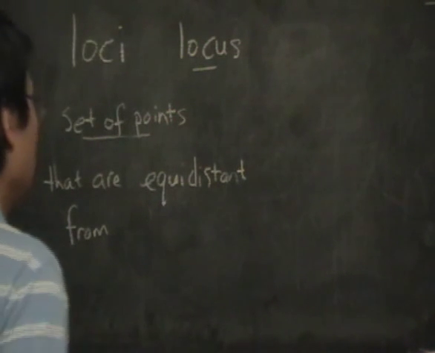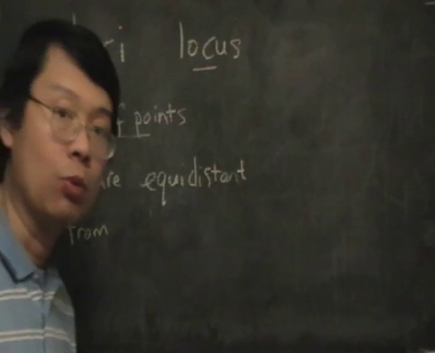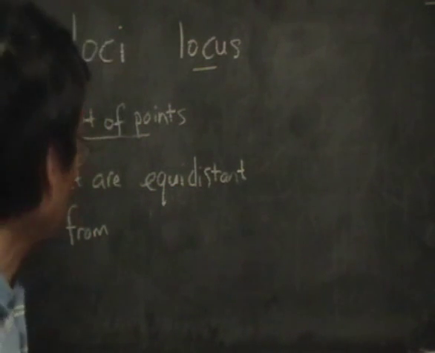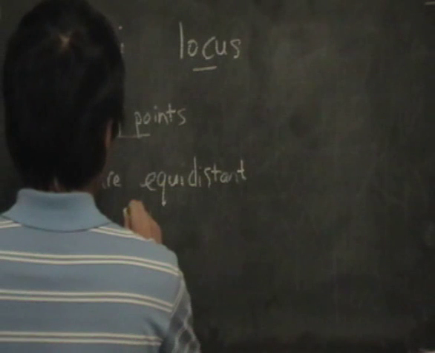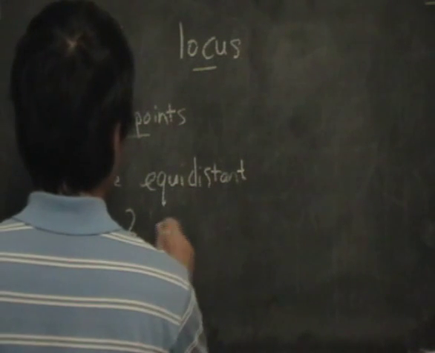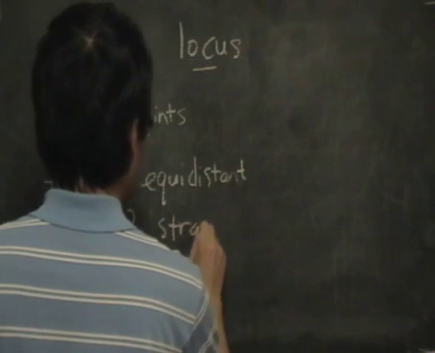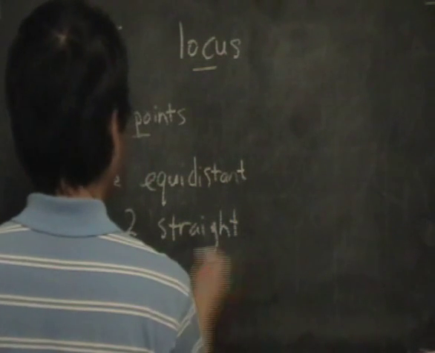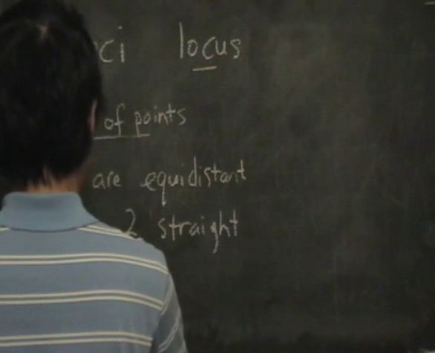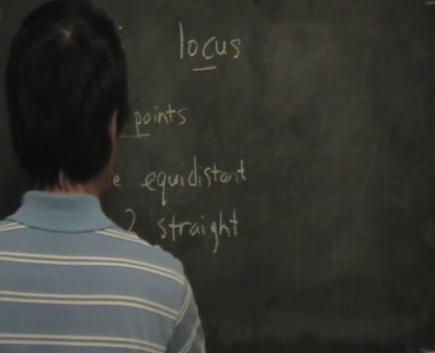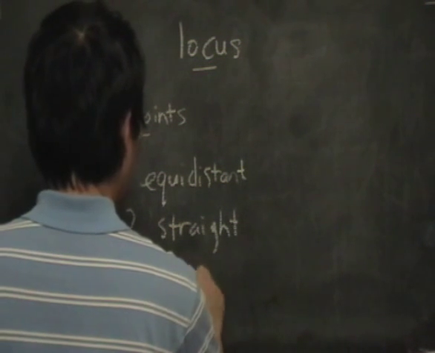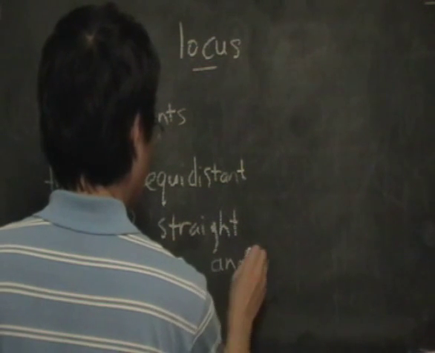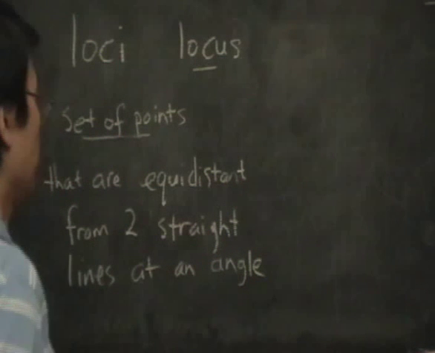Now this time we want to find a set of points that are equidistant from two straight lines at an angle.